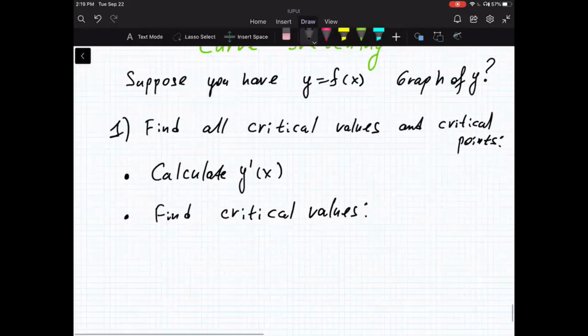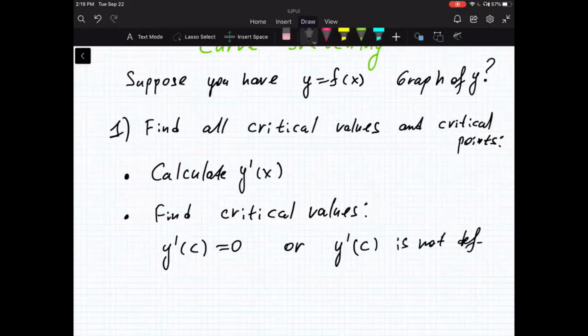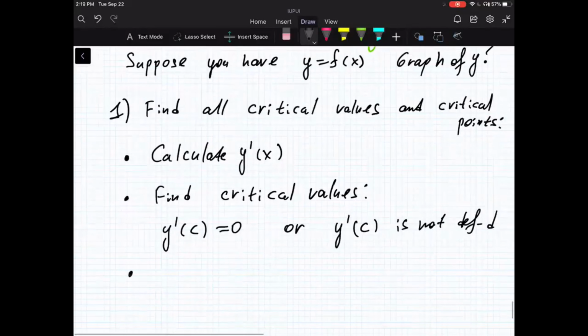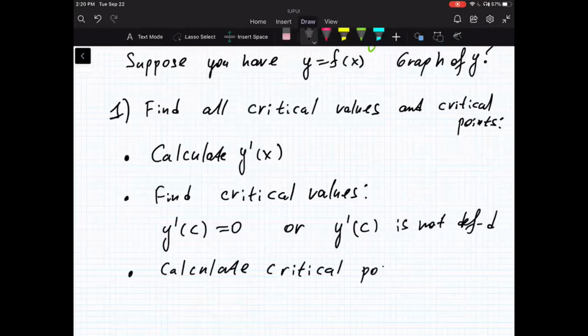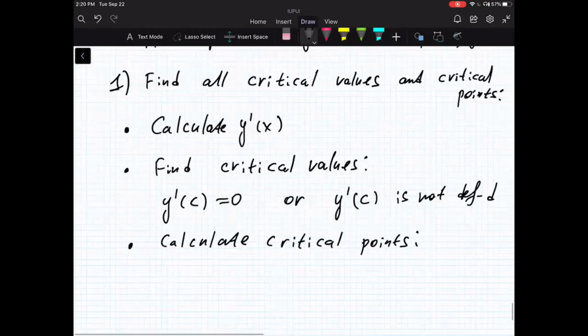So again, they are points where the first derivative is 0 or the first derivative is not defined. Then calculate critical points. So calculate critical points means that you calculate the value of your function at these points that you found on the previous step.